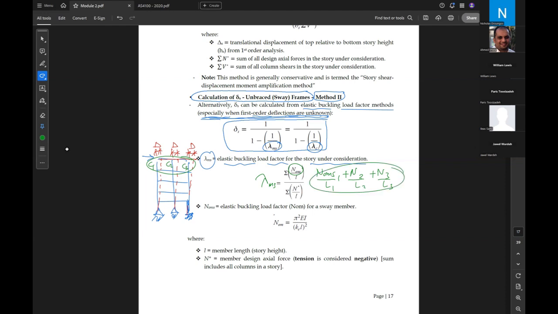This is the numerator. The denominator is, for each column, N1 star over L1, plus N2 star over L2, plus N3 star over L3. Okay, and N_omb again is similar to before, the Euler load.